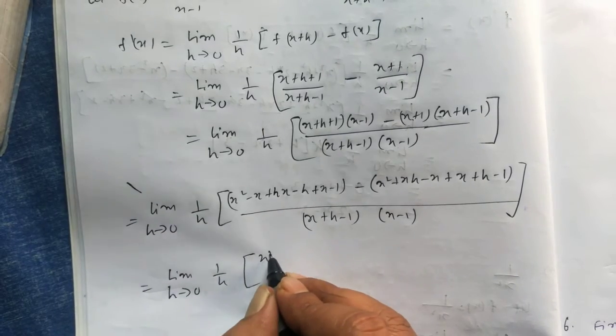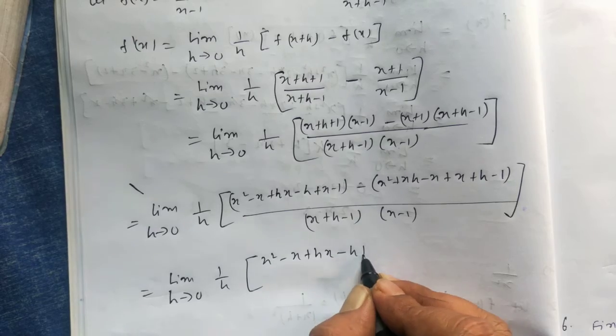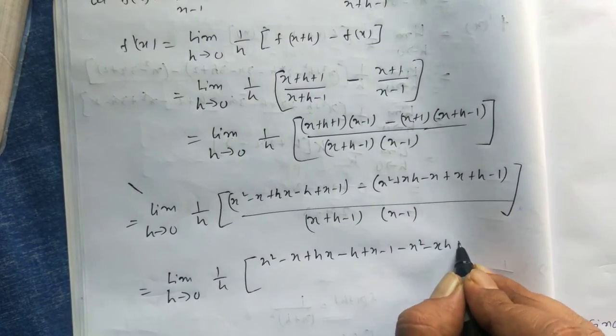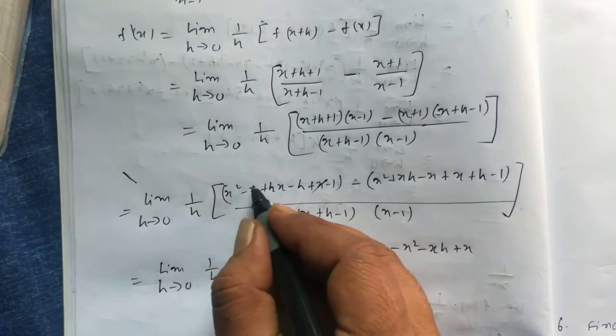Remove the bracket: x² - x + hx - h + x - 1 - x² - xh + x... plus x minus x we can cancel here only.